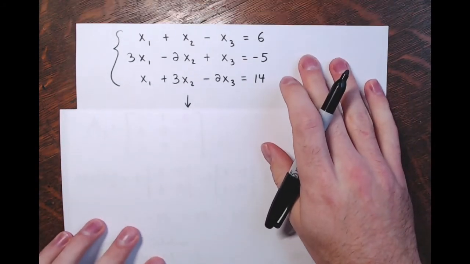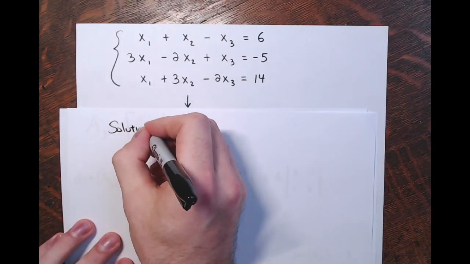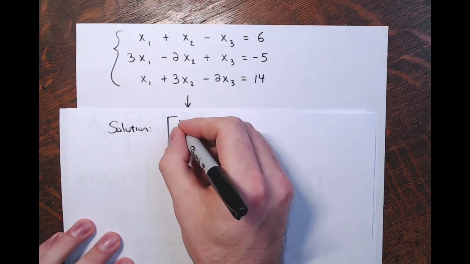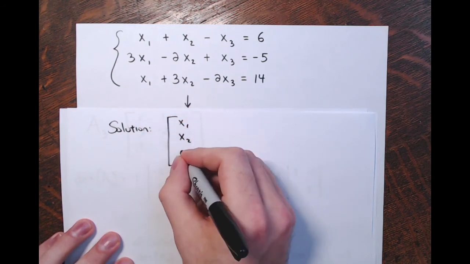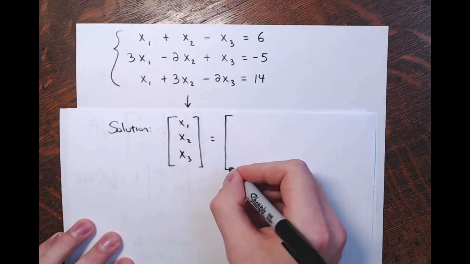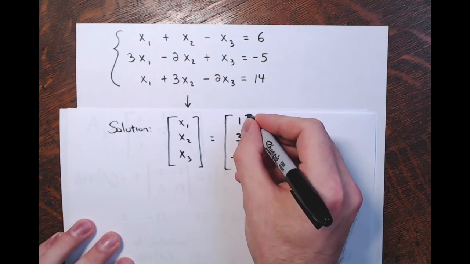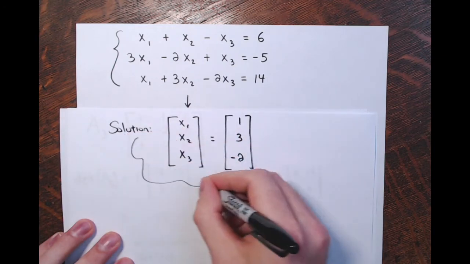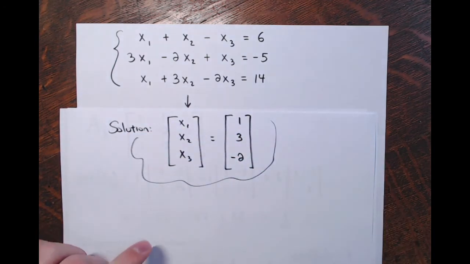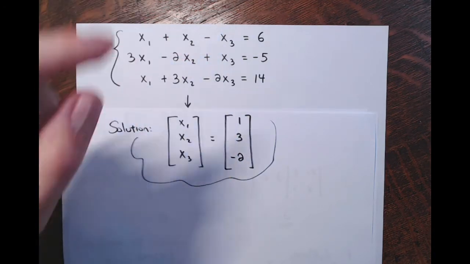So here's the system again. All right, so the solution, I'll write it as a column matrix, x1, x2, x3 equals 1, 3, -2. And you can verify this by plugging in 1 for x1, 3 for x2, and -2 for x3.